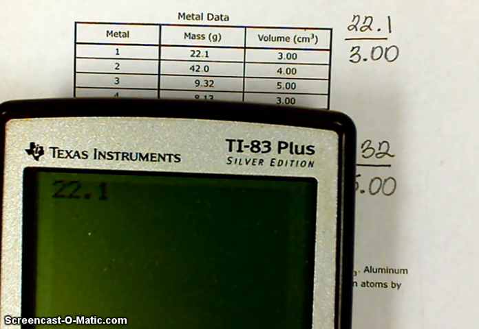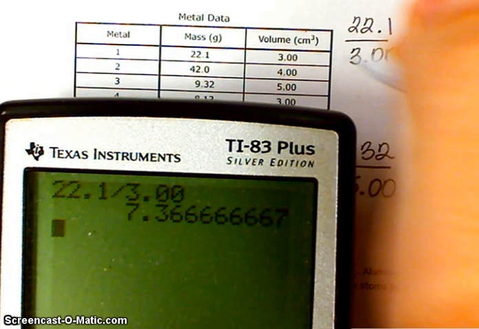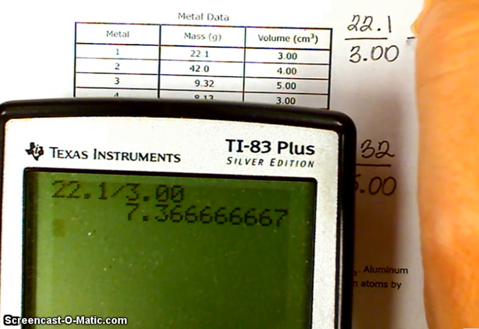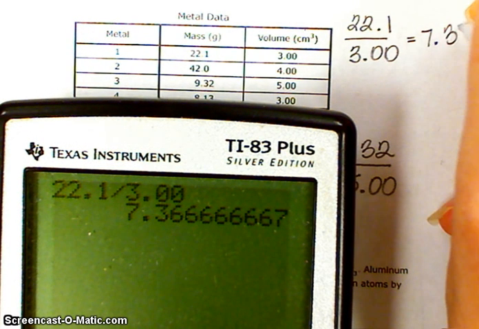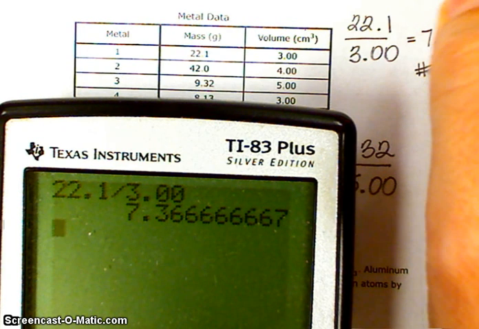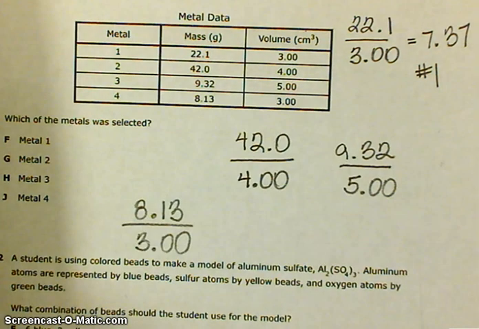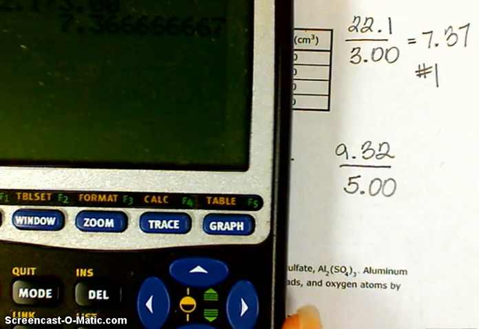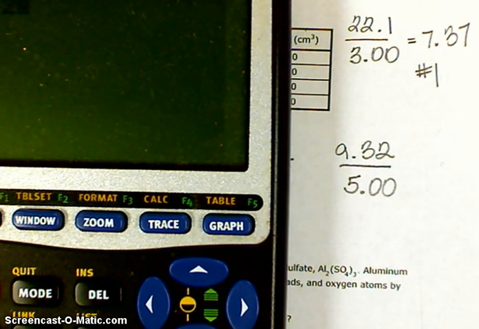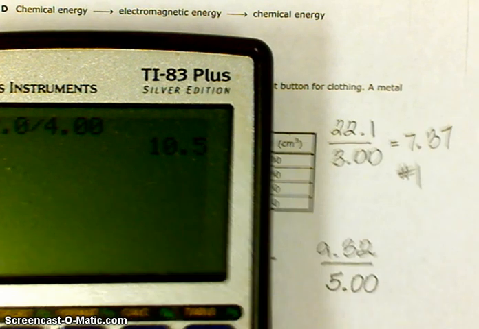22.1 grams divided by 3.00 cubic centimeters, and you get 7.37 basically. Okay, that's metal 1. Metal 2 is 42.0 divided by 4, and that's 10.5.